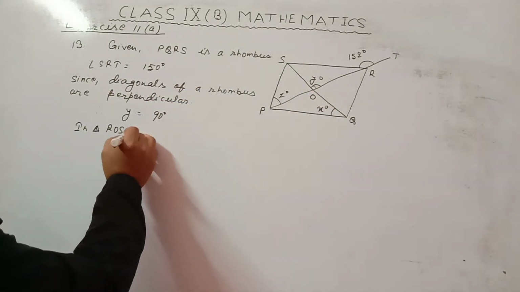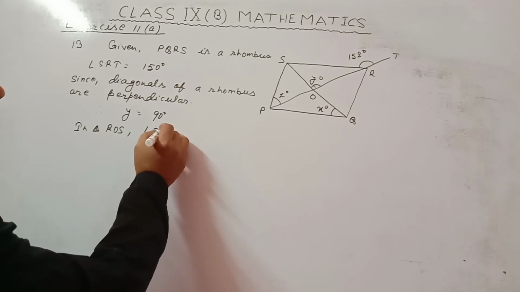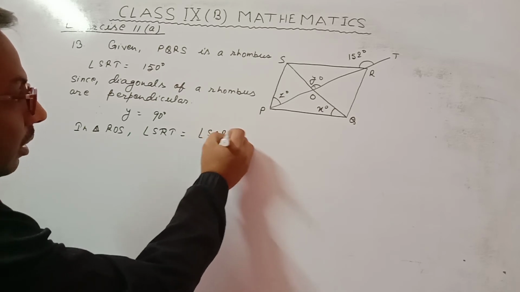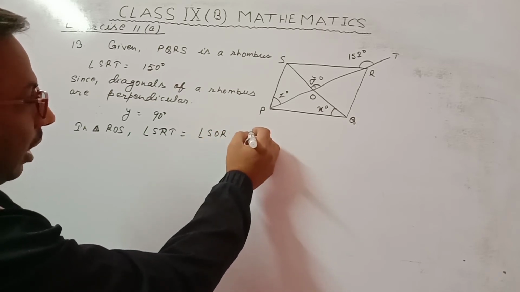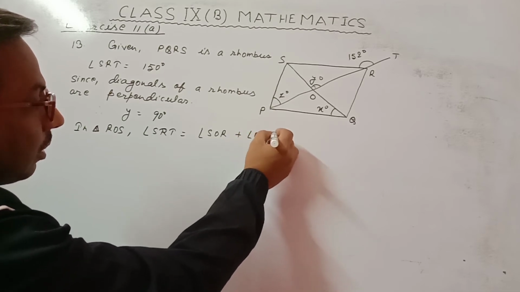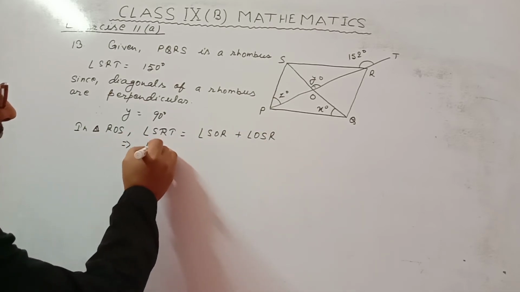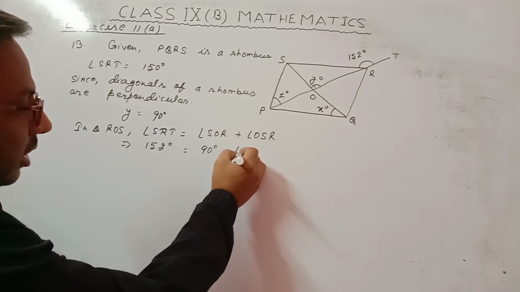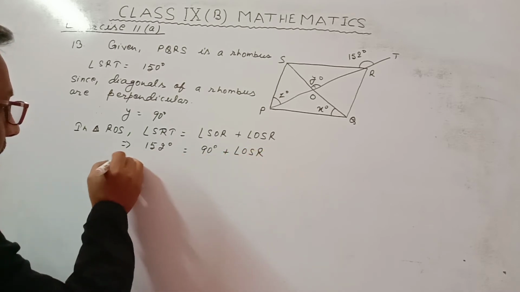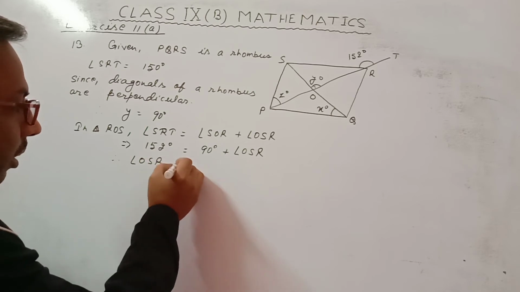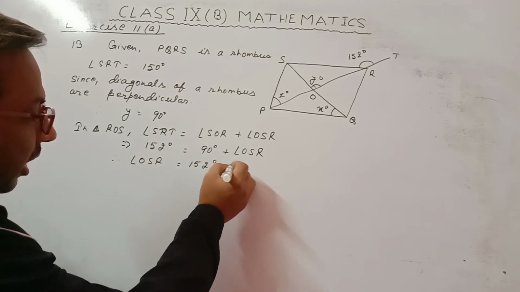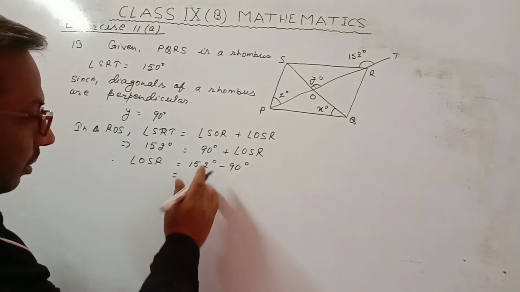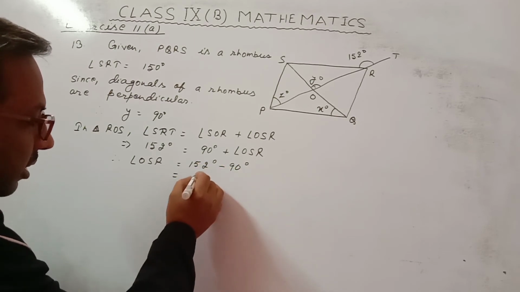So we write here angle SRT equal to angle SOR plus angle OSR. Okay, so SRT is 152 degree, SOR is 90 degree, plus OSR we don't have. Therefore angle OSR equal to 152 degree minus 90 degree, that is equal to 62 degree.